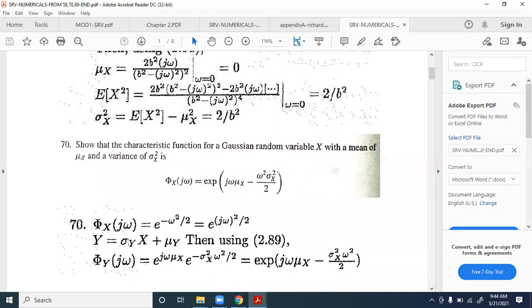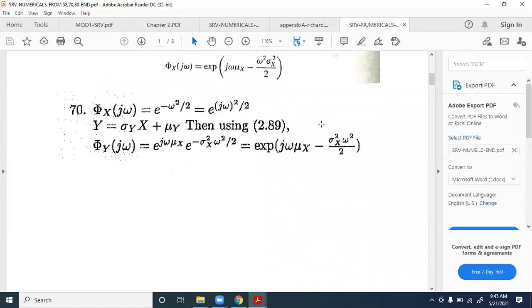We need to write sigma x and mu x here. Y is equal to sigma x plus mu x, which should be written over here. There's a mistake here, and hence if you solve that, you will get mu x and sigma x squared. So we can take out the exponential common, then we'll get these two added together, and that turns out to be this quantity.